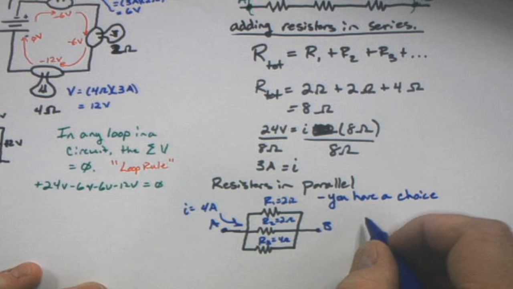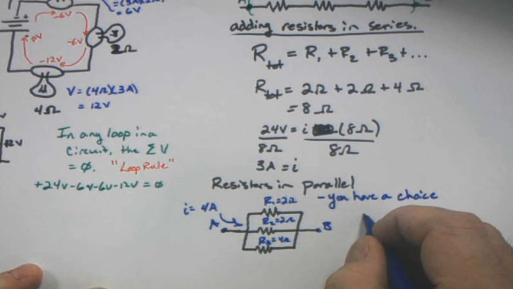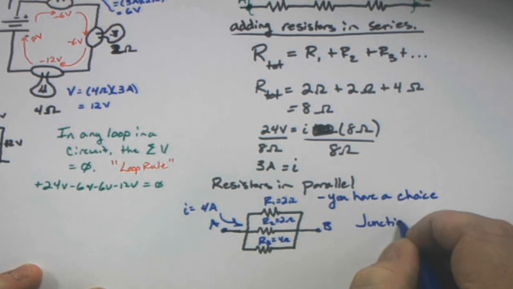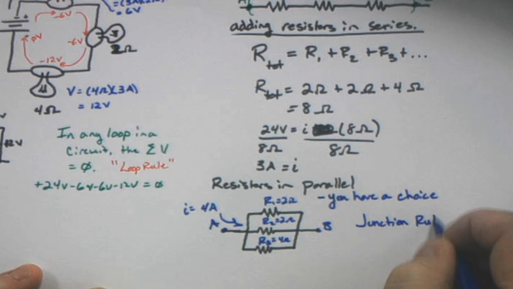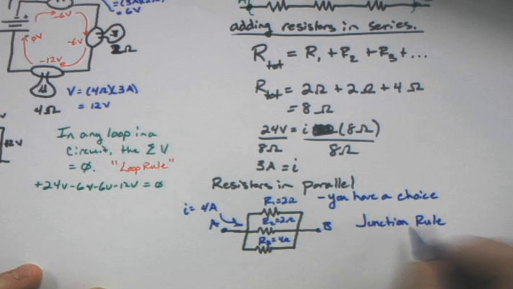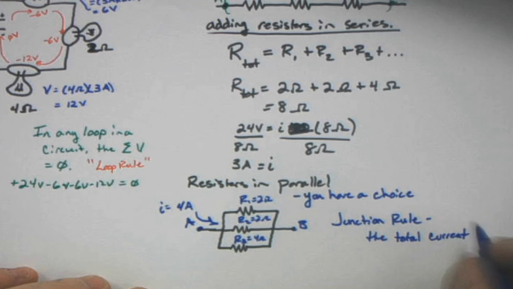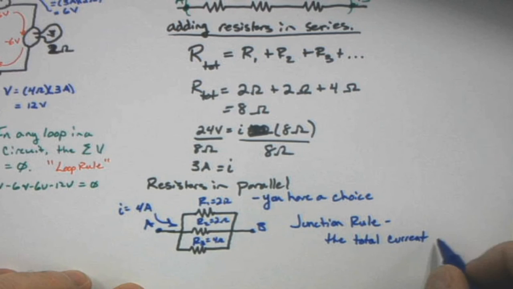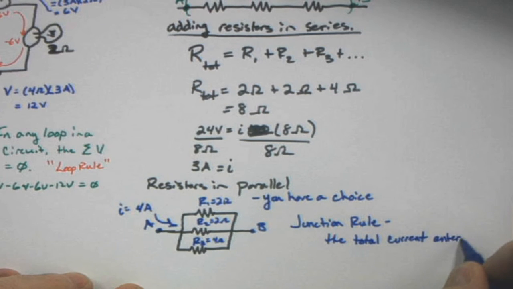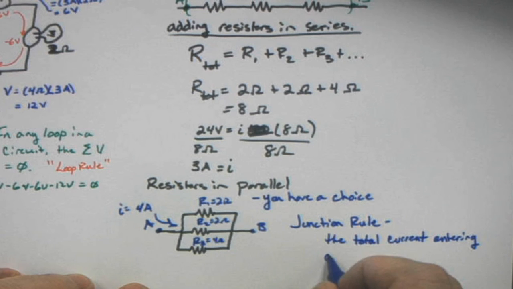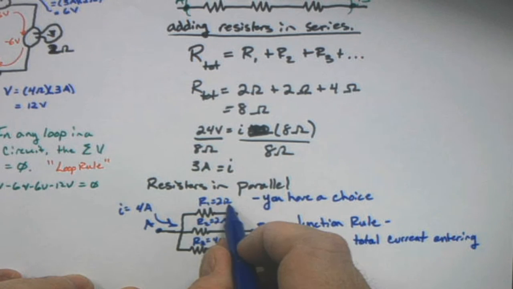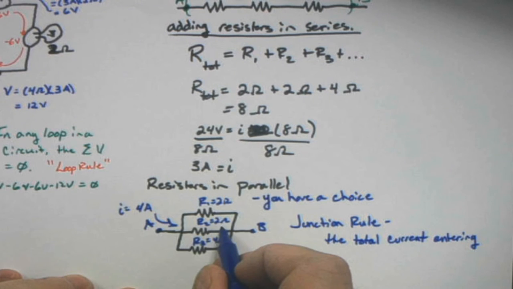Here we have the junction rule. This is R1 equals 2 ohms, R2 equals 2 ohms, and R3 equals 4 ohms.